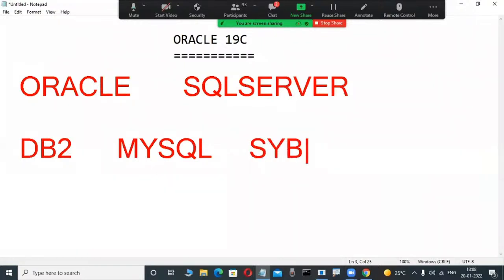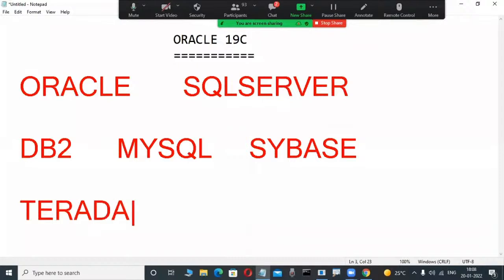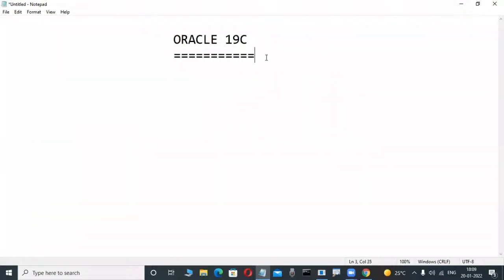Sybase is a database product from Ingres Corporation. Teradata, which data warehousing application programmers may know, is a database product from NCR Corporation. SQLite is a database product. Like this, so many database products are there from different companies. That's why Oracle is always one of the popular database products.